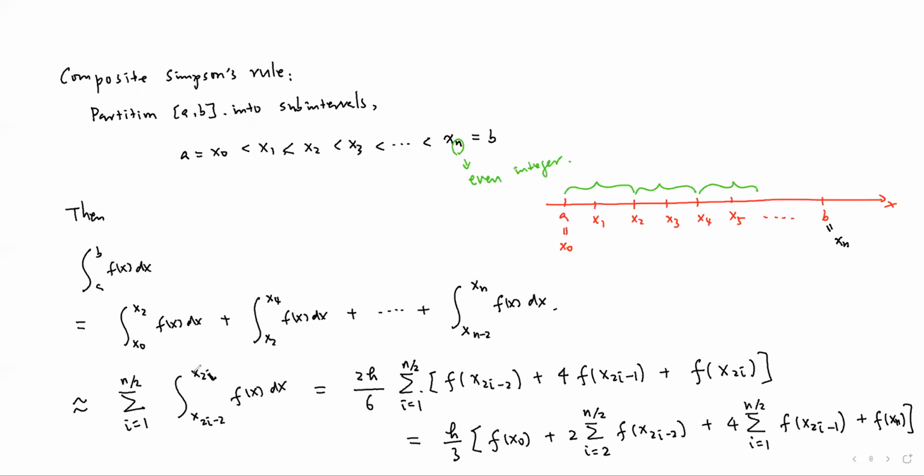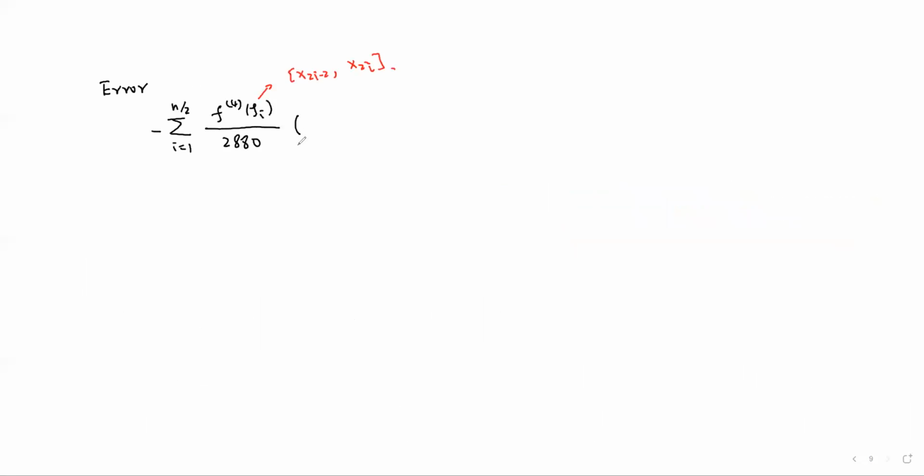For each integral, the length from this point to this point is 2h. Therefore, times 2h to the fifth.